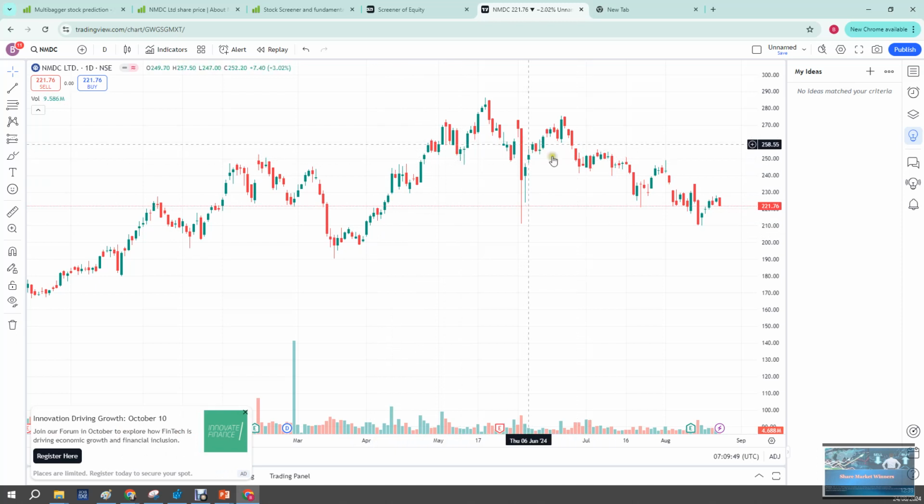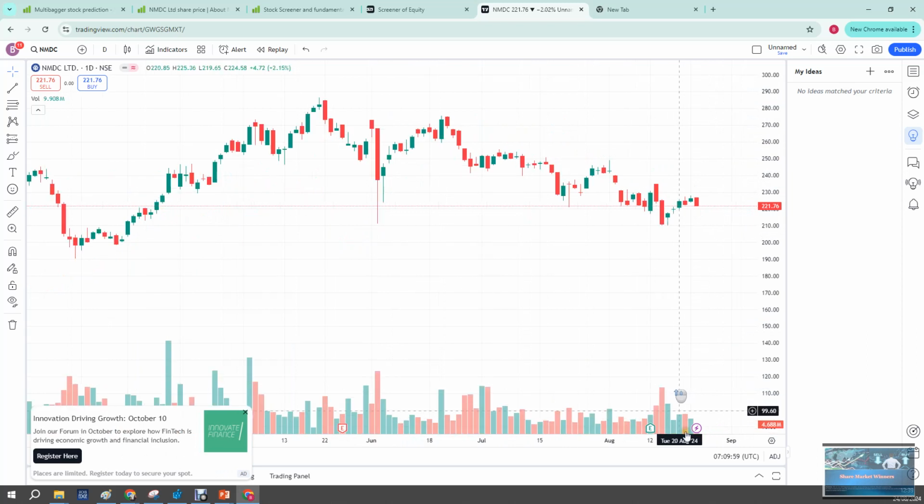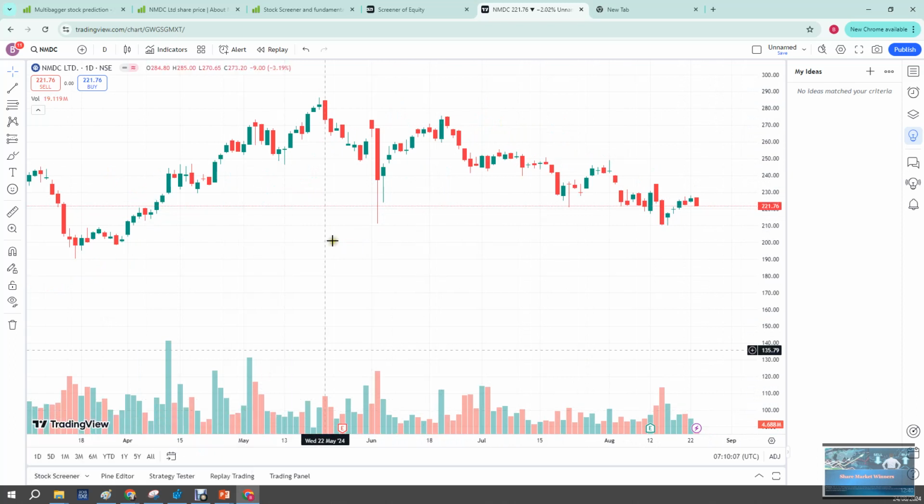Whereas here you can see the red colors where the stock keeps declining, and at this point you can see more people started buying from here. This is how we can understand the stock momentum, whether it is being bought or whether it is being sold.